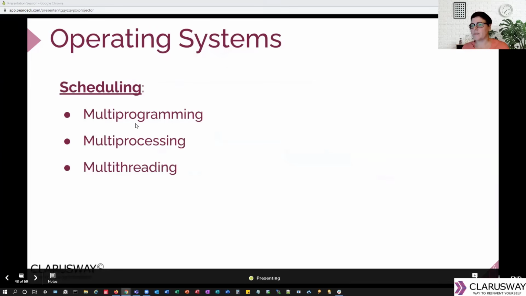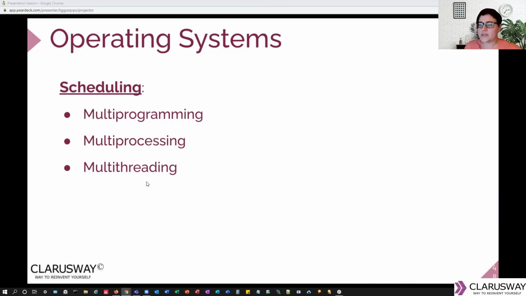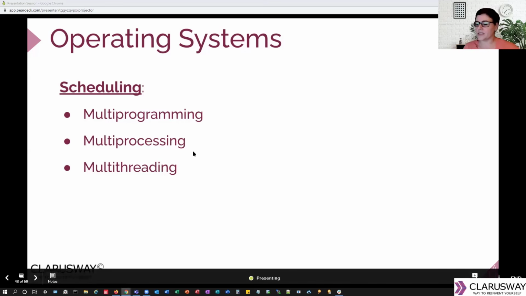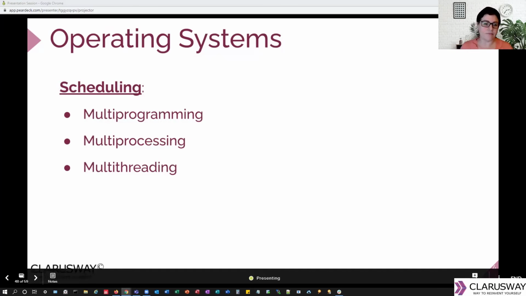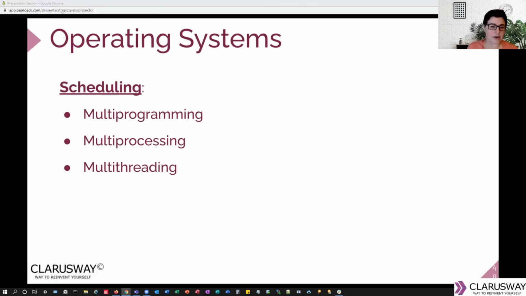So multi-programming, multi-processing, and multi-threading all relate to how an operating system processes. And we saw this related to a question in Kahoot, and it said, which out of the four options is not one of the three integral operating system functions? And these are actually those three that are the integral functions.